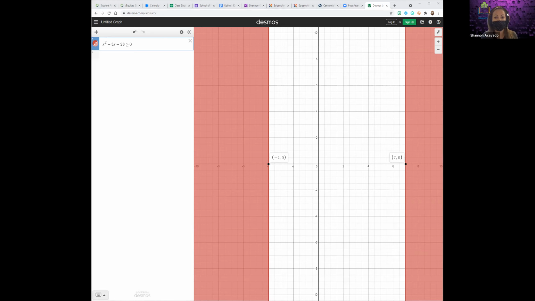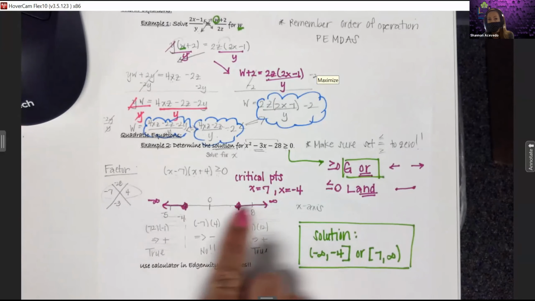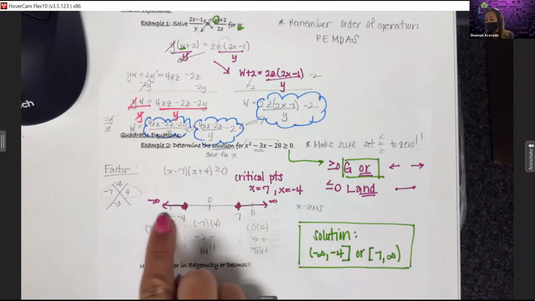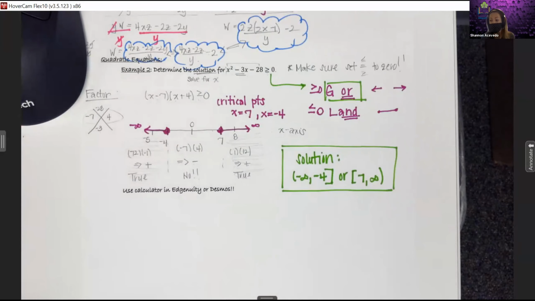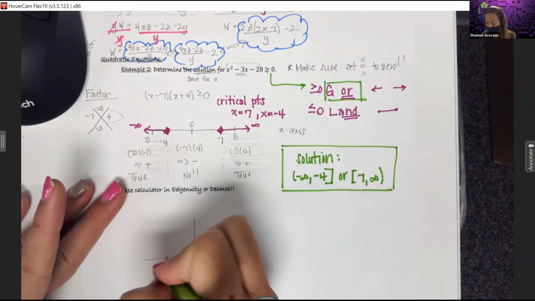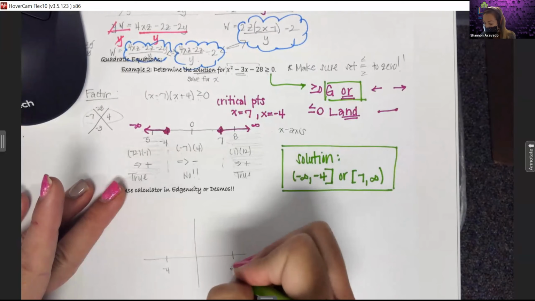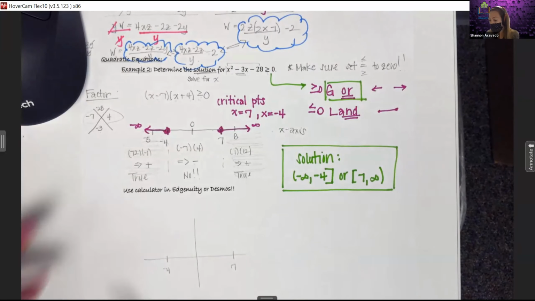So when I go back to my paper, just like we did here, this represents my x-axis. We're focusing in on those x values. Our solutions are the x values. So when I had the graph that we just graphed, this was going to be -4 and this was going to be my value of 7.